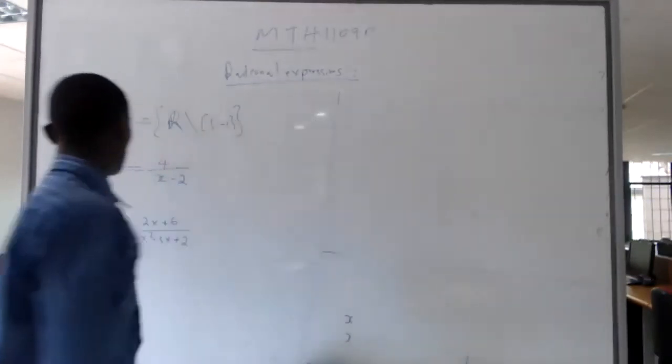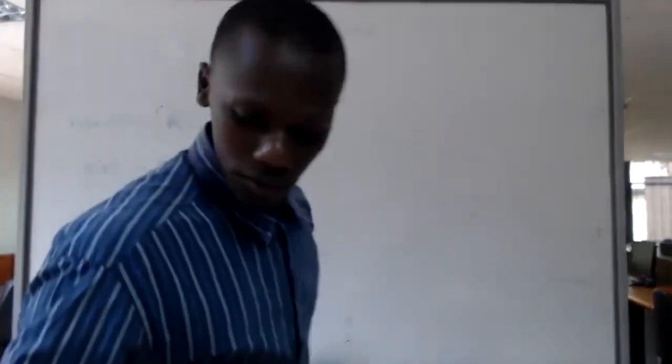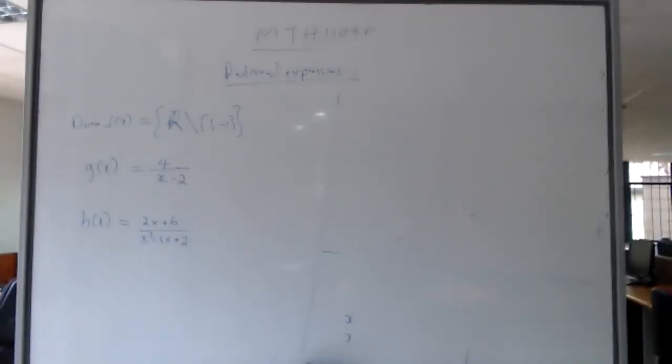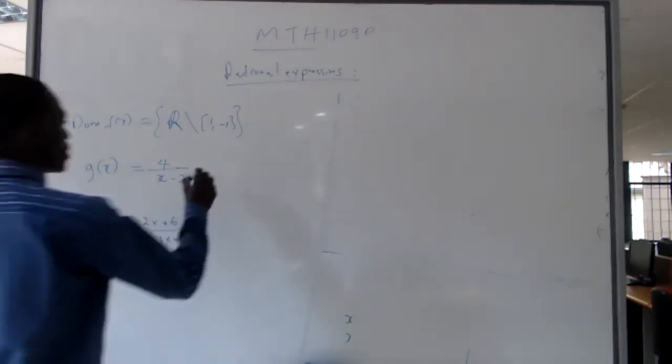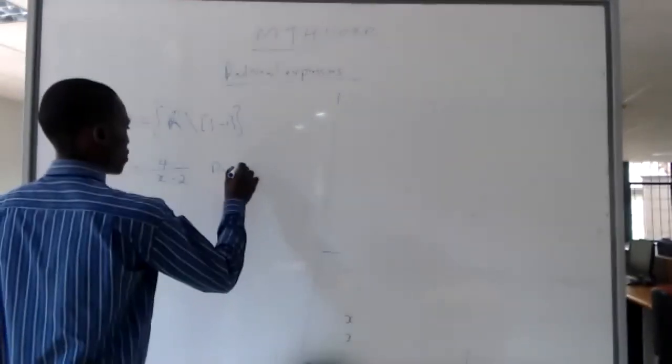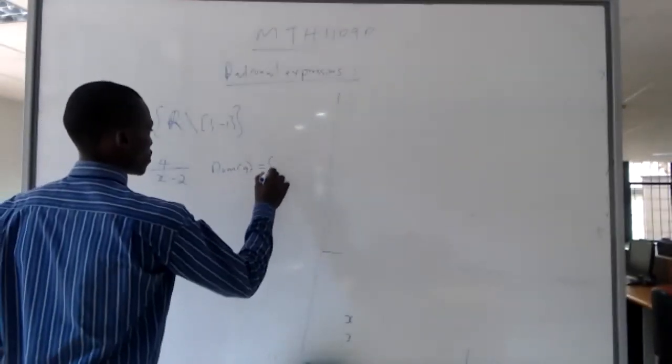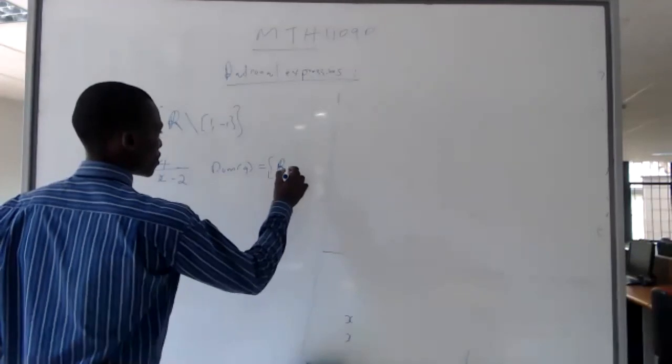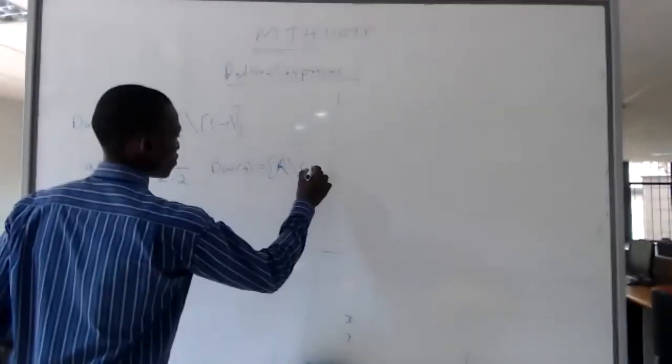Very quickly, what's the domain of the first expression? All the real numbers except the singleton 2. Yes, so the domain of g is the set of all real numbers, you remove 2.